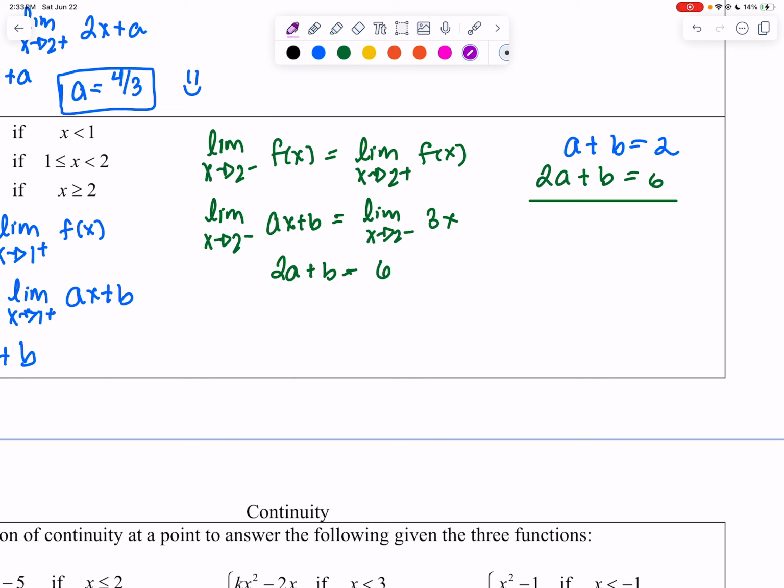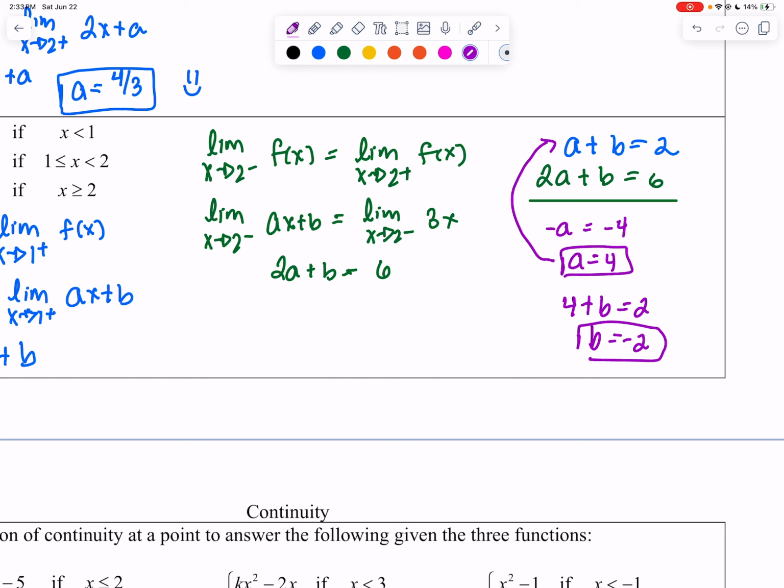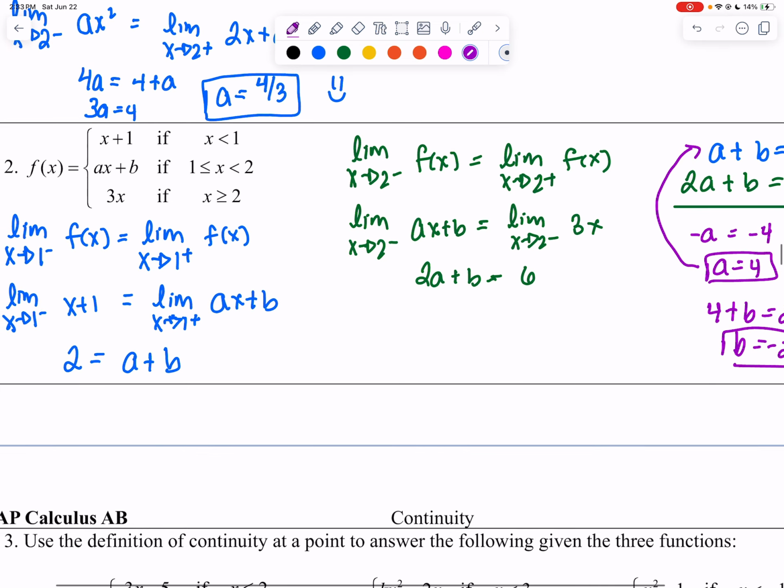So I'm going to subtract, and that's going to give me negative a is equal to negative 4, or a is equal to 4. So if a is equal to 4, and then me substituting it in here, I'm going to get negative 2 for b. So I have a being 4 and b being negative 2 to make this function continuous at 1 and at 2.